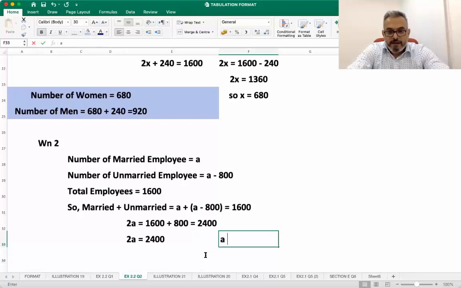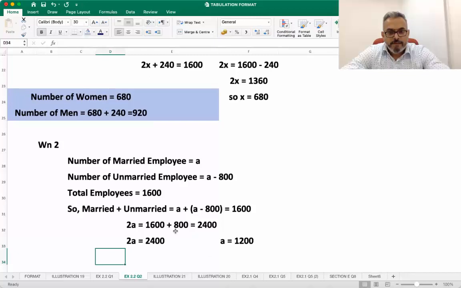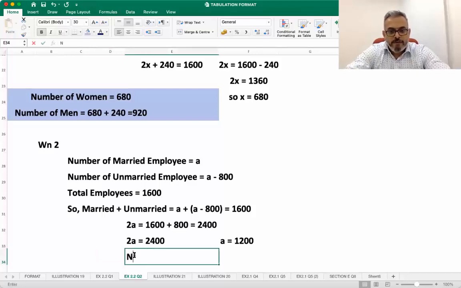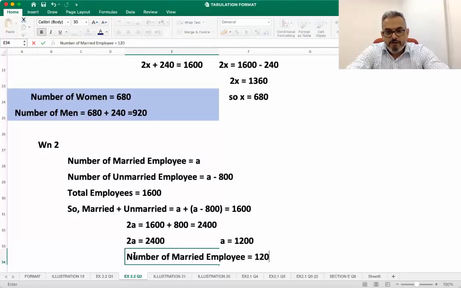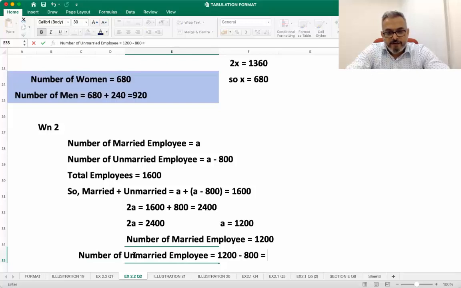So A is equal to 1200. Now you write down number of married employees is equal to 1200 and number of unmarried employees is equal to 1200 minus 800, which is equal to 400.